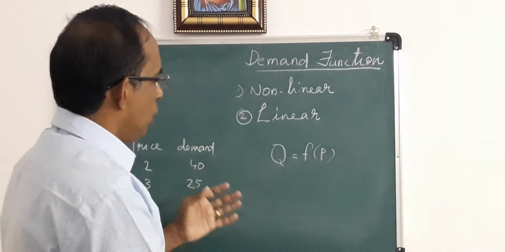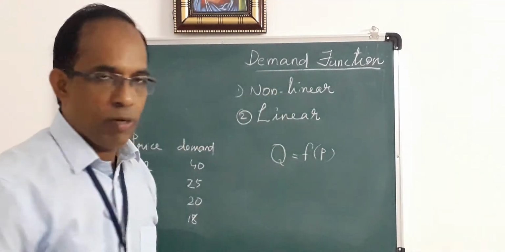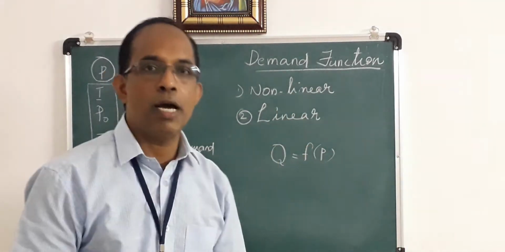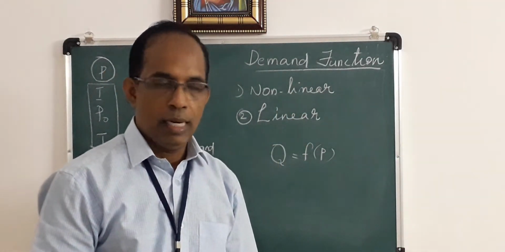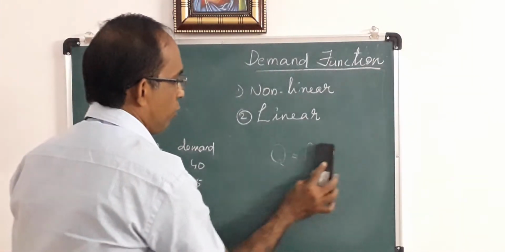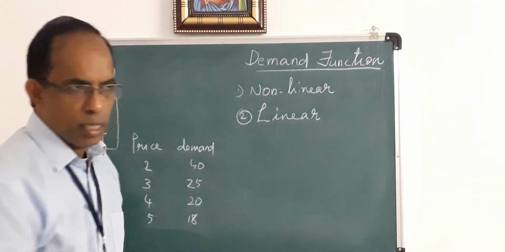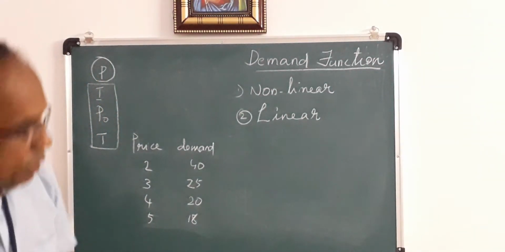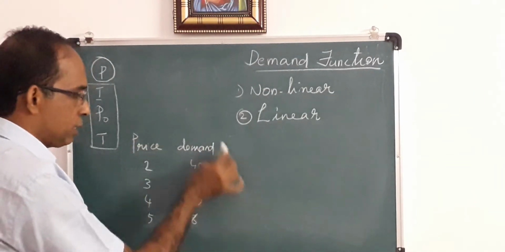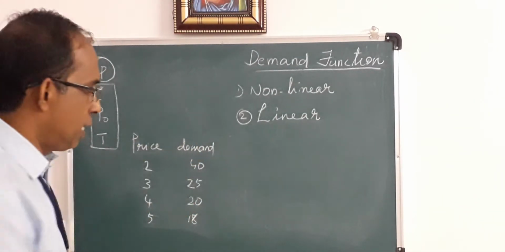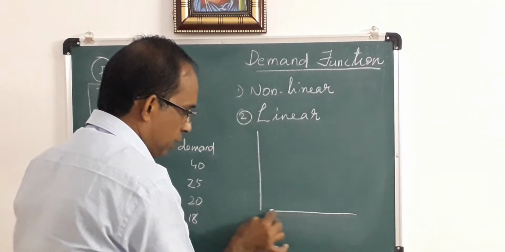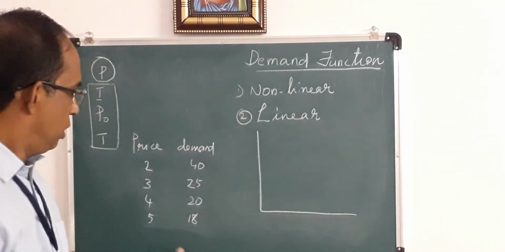And now there are two types of demand function: non-linear and linear demand function. Now let us see, first we study non-linear demand function. Suppose the demand and price of a commodity is given on a demand schedule, and we are drawing the demand curve of this demand schedule, right?